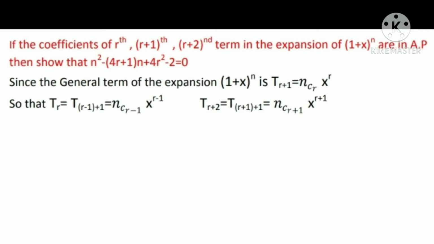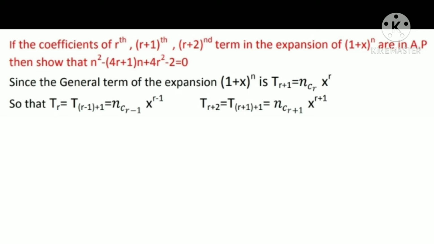Similarly, the (r+2)th term. The problem says that the coefficients of the rth, (r+1)th and (r+2)th terms are in AP. Suppose a, b, c are in arithmetic progression, we can write 2b = a + c as the relation.